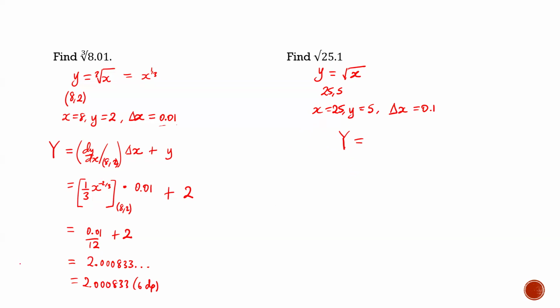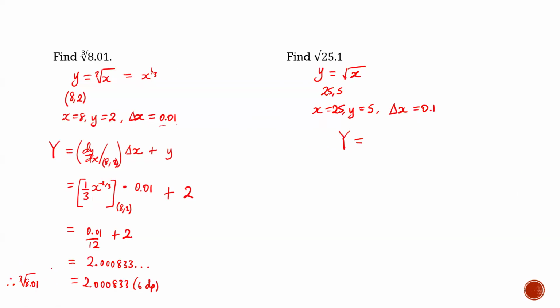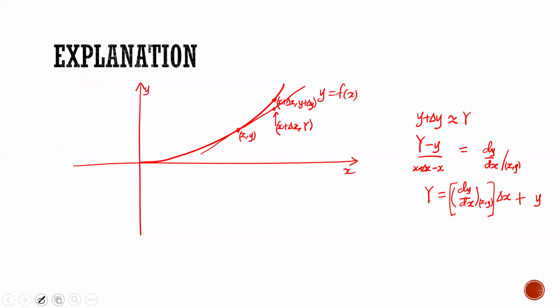And so anyway, when you get your y, you should conclude that therefore the cube root of 8.01 is this. Because remember, our y is the point on the tangent. Now, the examiner might not know that your y is the point on the tangent. They might assume that your y is in fact the point on the curve.